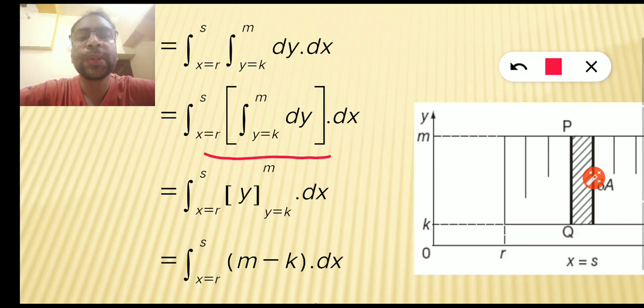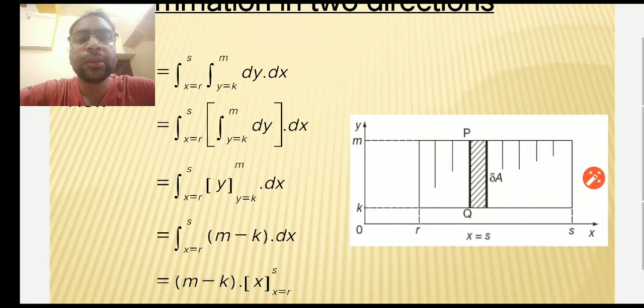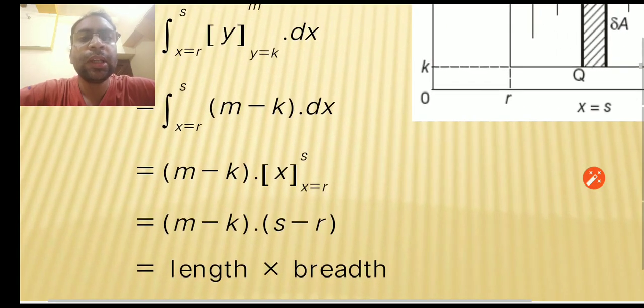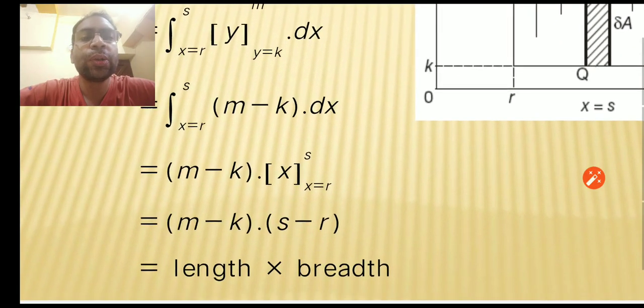As we know, this is a constant 1, so the integral of 1 will be y with the boundary values y is equal to k and m. So we have m minus k. Now on integrating this, m minus k will behave as a constant.